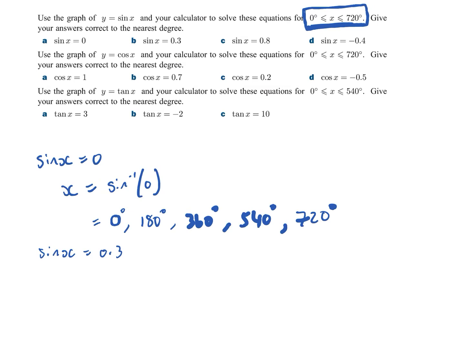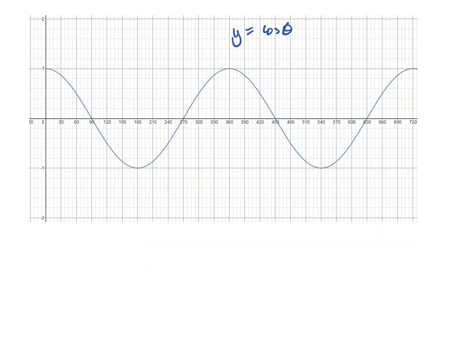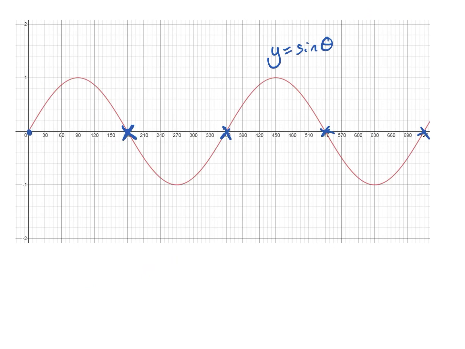What about sine x equals 0.3? Again, we'll use a calculator. x is equal to inverse sine of 0.3. So shift sine 0.3 equals 17.5 degrees to 1 decimal place.